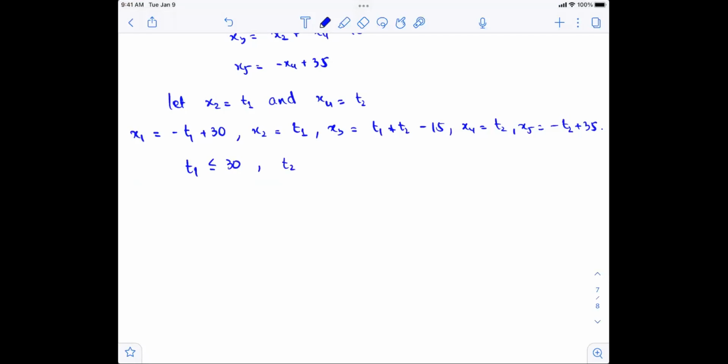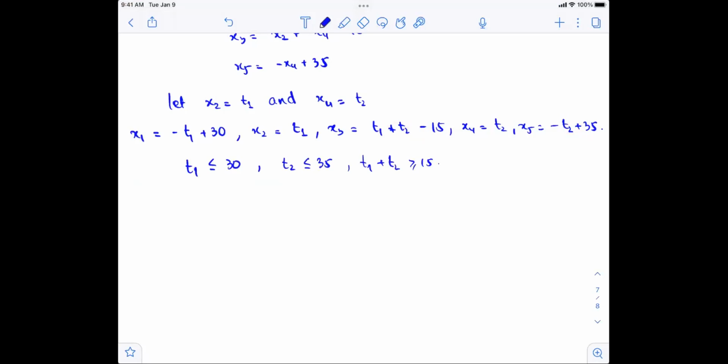And t2 from here is going to be less than or equal to 35. As well as in this case, the sum of t1 and t2 has to be greater than or equal to 15. So those are some constraints that you need to input to make the analysis more realistic.